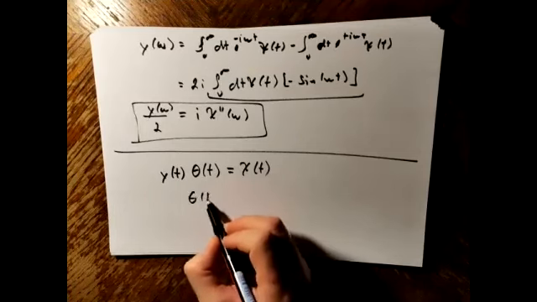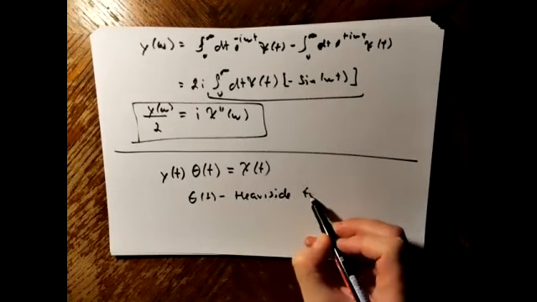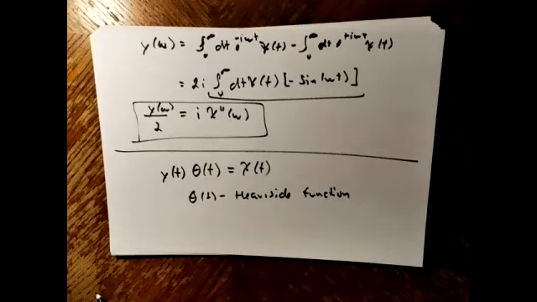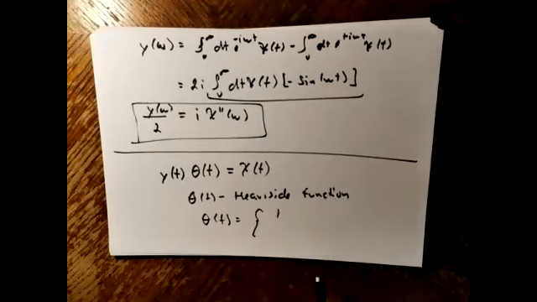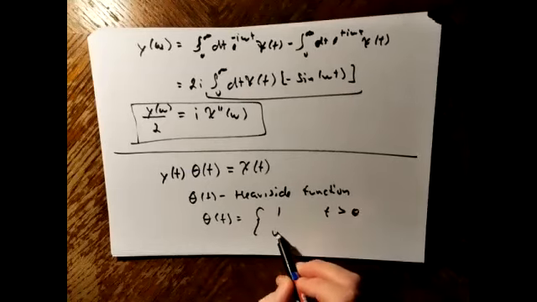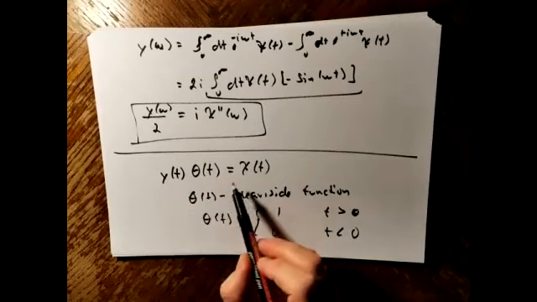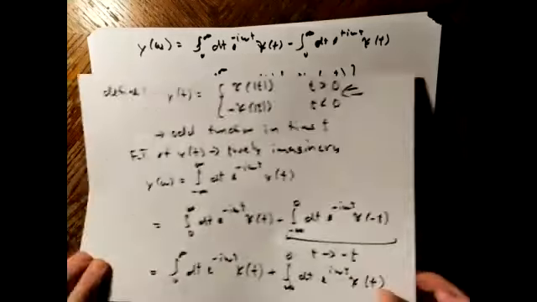Well, theta of t is the so-called Heaviside function, and theta of t is 1 if t is greater than 0, and 0 if t is smaller than 0. So that's how it's defined. And obviously, this gives me the right response function. So this is how I define my y of t.